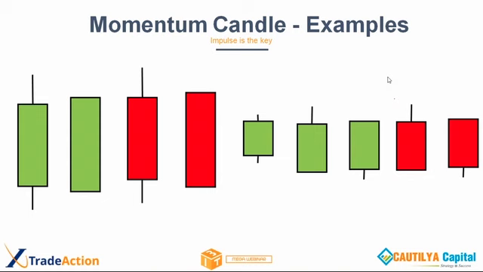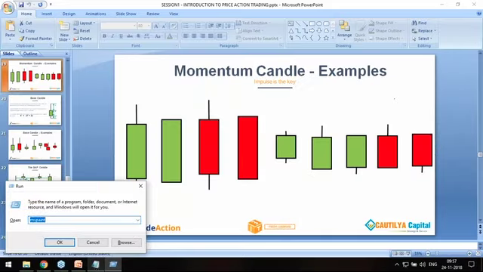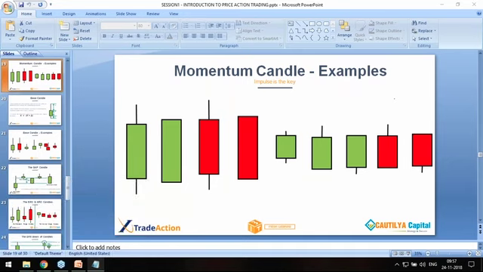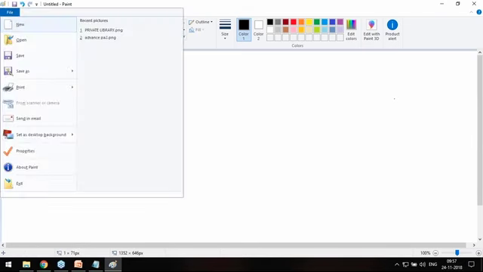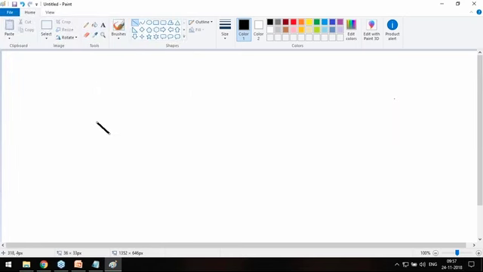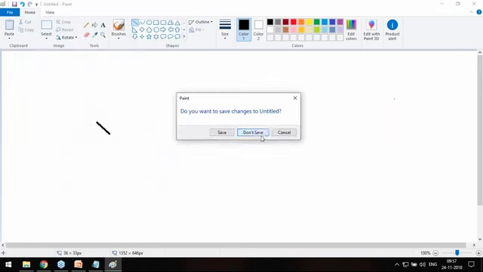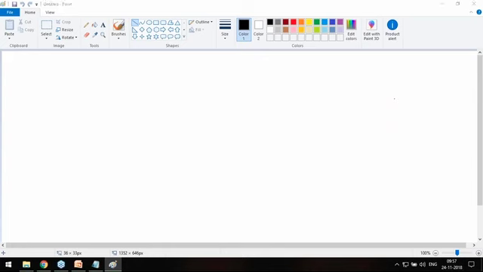There is a request, so one last attempt: I'll go to MS Paint. Okay, this is one simple example I'll write. The pen is better.